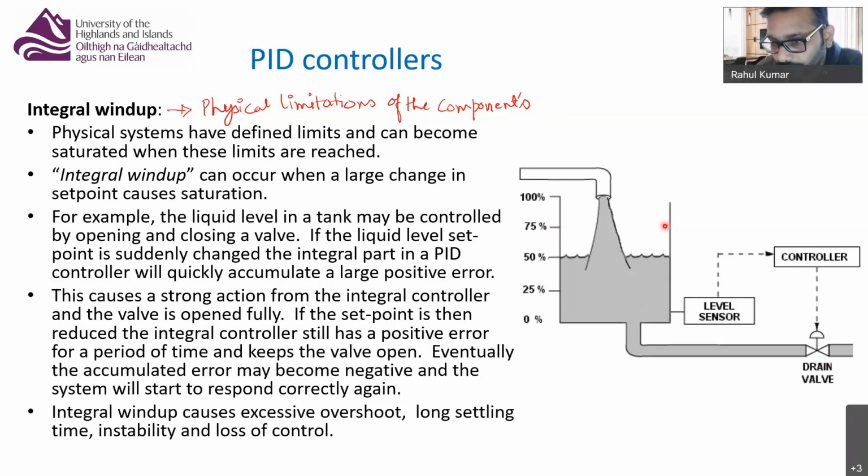But after 1 second, you have changed it back to 50%. So again, the controller will try to generate a control signal to open the drain valve, because by that time maybe the level of water should have already started rising. So it will again instruct the drain valve to open.